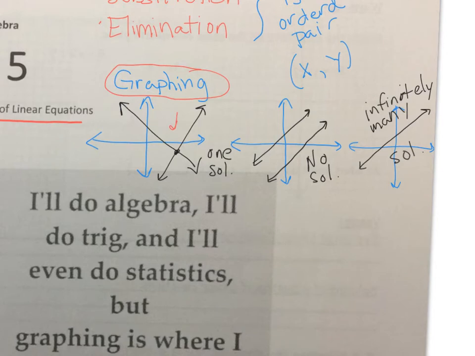Substitution. Remember, that's the most helpful when we have like y equals 2x plus 2. And then in our second equation, we have something like 3y minus 2x equals 7.